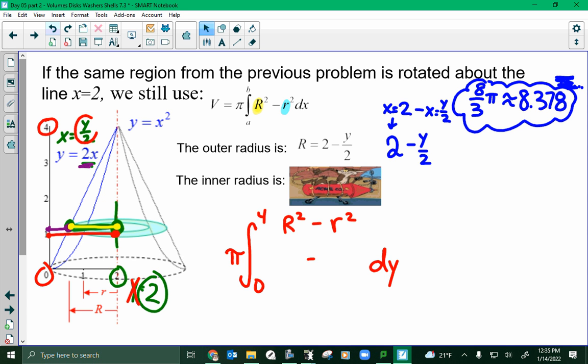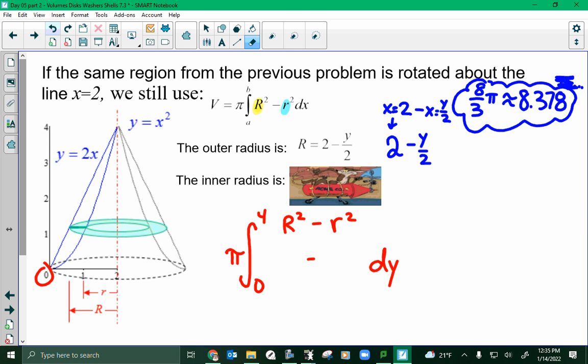I got to subtract my two x values. Let me explain this, because I can imagine someone staring at the screen like, what? Some people get it, but there are some people that are like, what? I take this point, which is x equals 2, and I take this value. That happens to be y divided by 2. Whatever x value is here, it's whatever my y value is divided by 2, because that's where x equals y divided by 2.